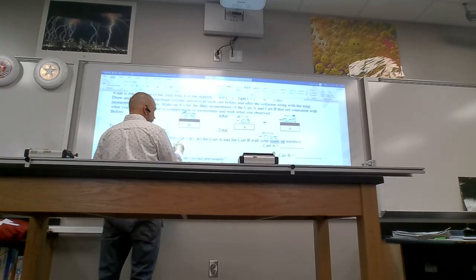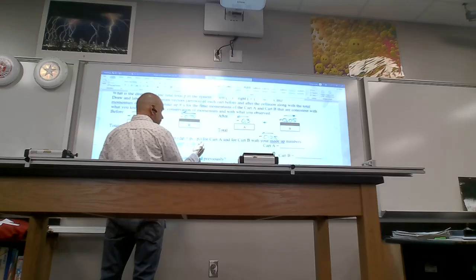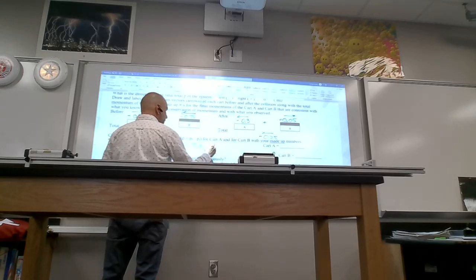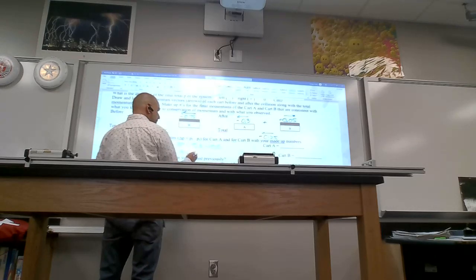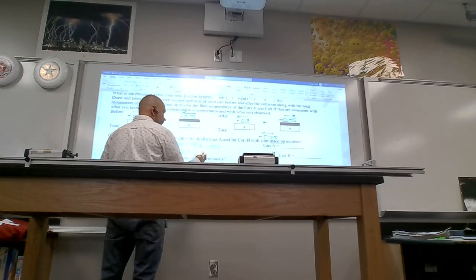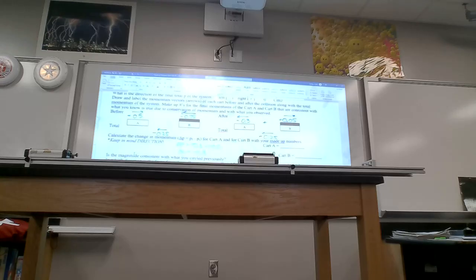So A has a change in momentum, final, is negative 0.3 minus an initial positive 0.5. This has a change in momentum of negative 0.8. See how I did that? I want you to calculate the change in momentum of cart B.